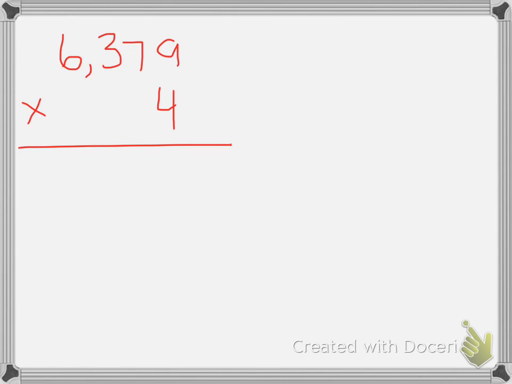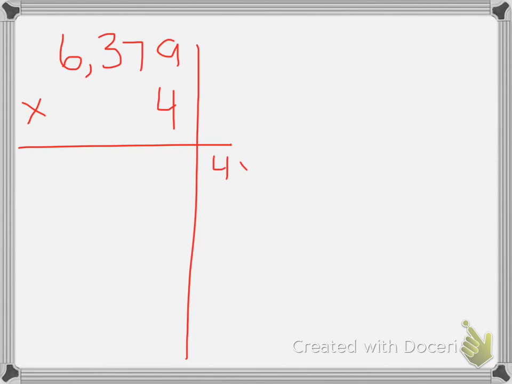Alright, now we're moving on to a 4-digit. Okay, nothing changes. Okay, I have 4 partial products that we're going to create here. So instead of 3, I'm going to have 4 partial products, because there's 4 digits in this number that I'm multiplying.